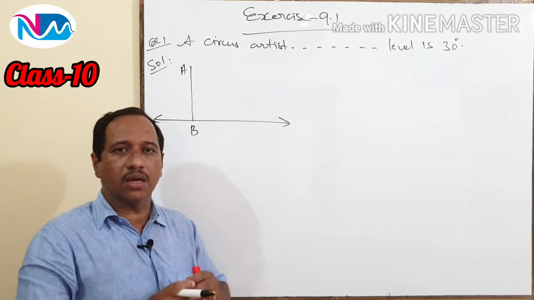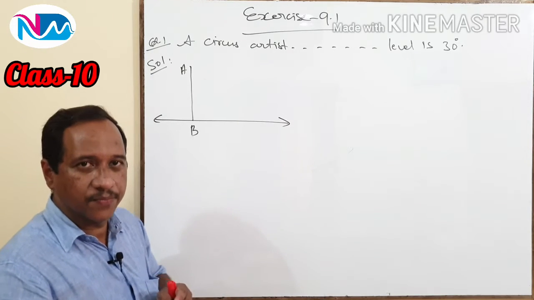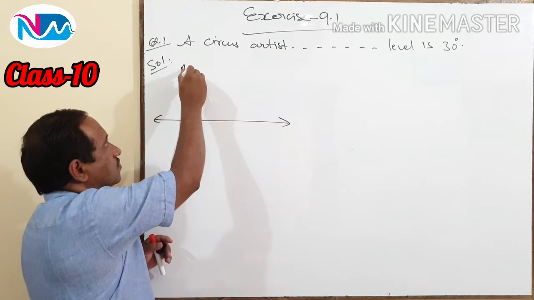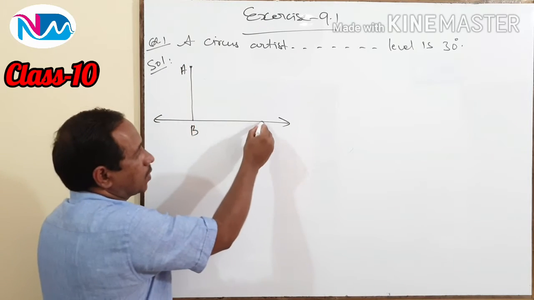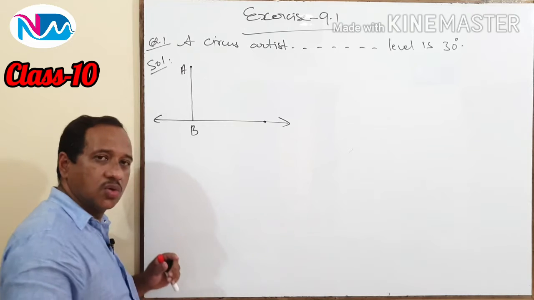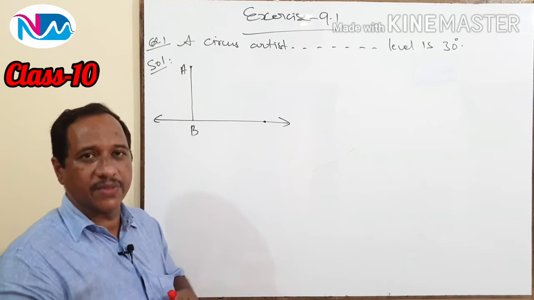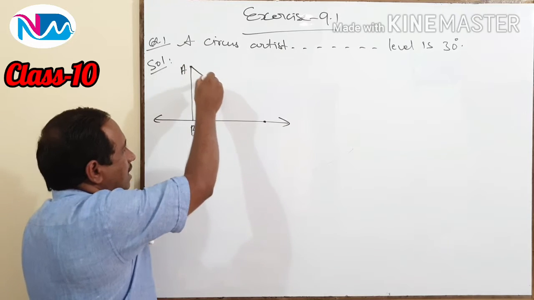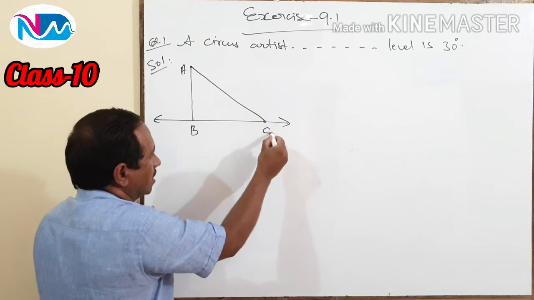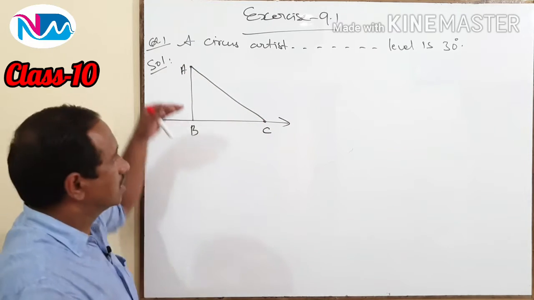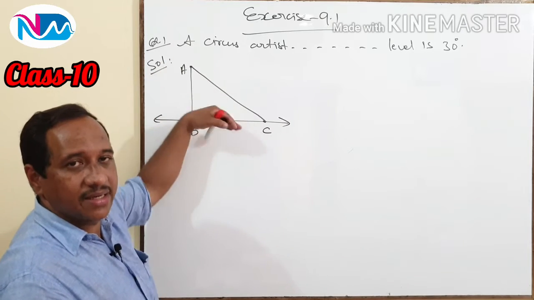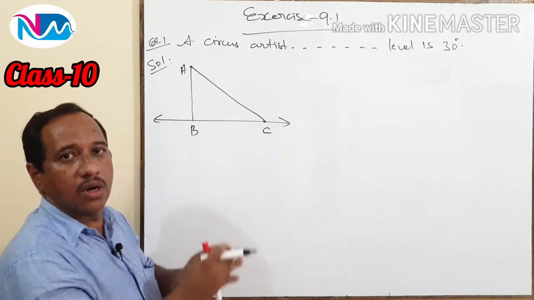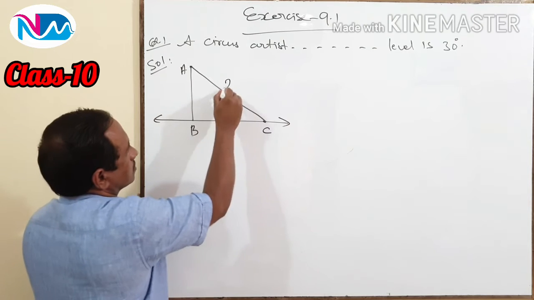A 20-meter long rope is tied from the top of the pole to a point on the ground very tightly. That means here AC represents the tightly tied 20-meter long rope.